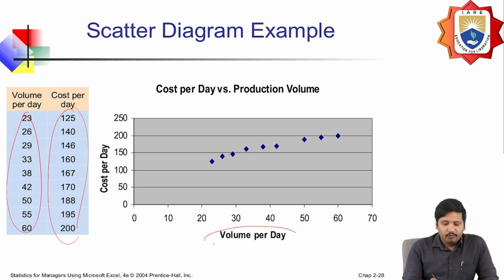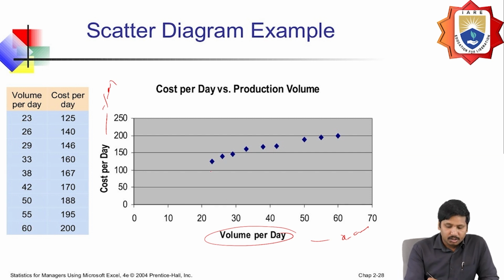Take the volume of data on the x-axis and the cost per day on the y-axis. For 23, the cost per day is 123, then for 26 it should be 140, and for 29 it should be 146, and then 33, 38, 42, 50, and 55, 95, and 68 should be 600.